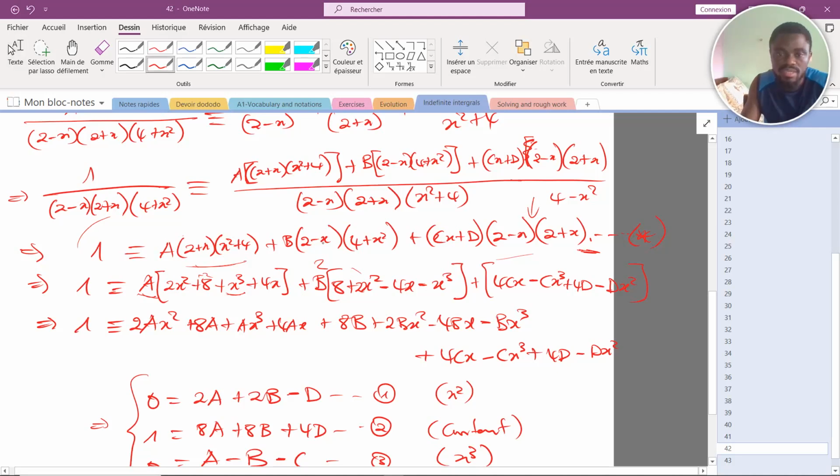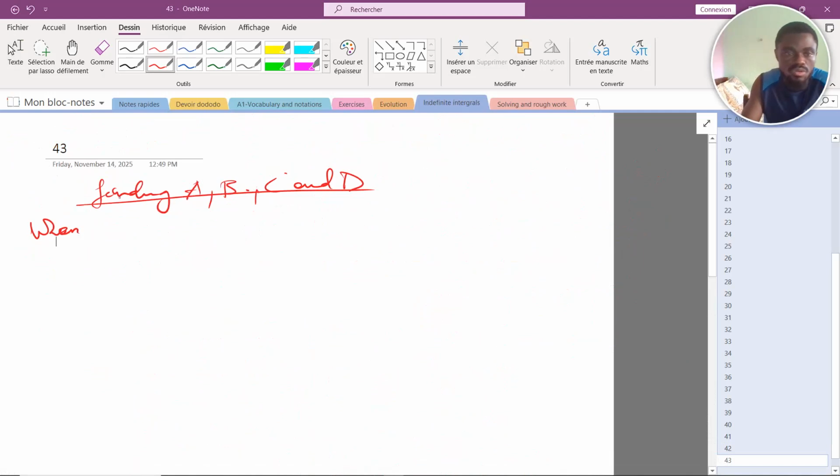If I replace x by 2, this becomes 0, this becomes 0, and I will be left with a. So when x is equal to 2, I will not use the equations to find a and b because I can easily find them from the equation star.